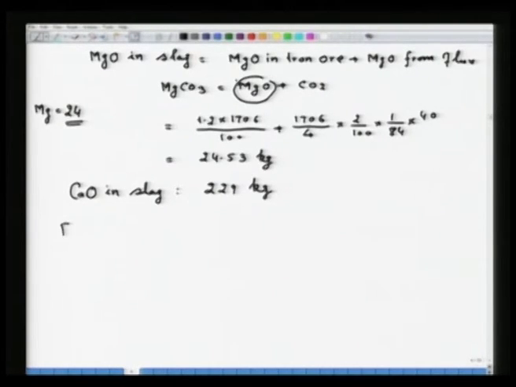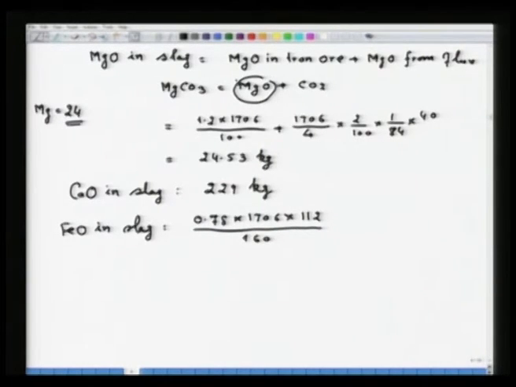So, there will be FeO in slag that will be equal to 0.78 into 1706 into 112 upon 160 into 0.005 into 72 upon 56. So, that is equal to 6 kg.